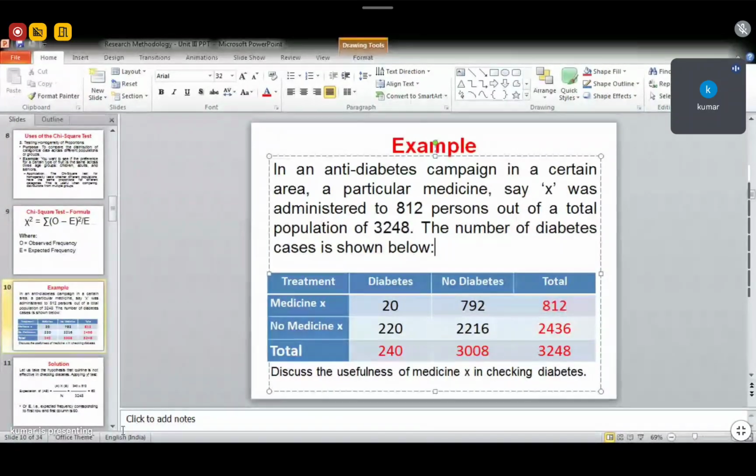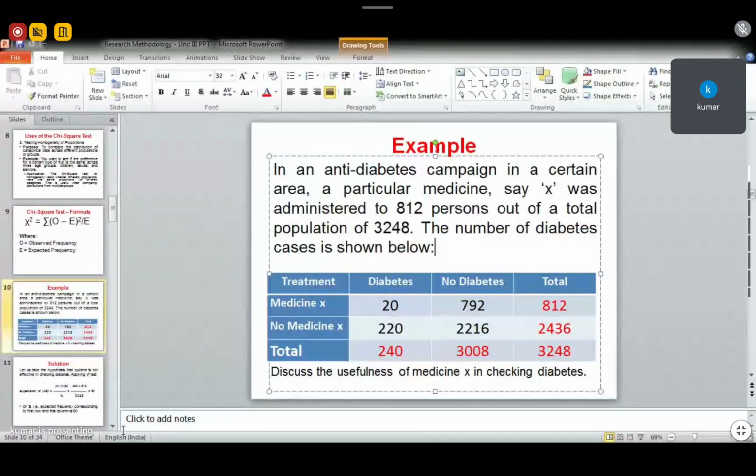Now, what happened when no medicine was administered on 2,436 people? What is actually expected? They should be affected by diabetes. No. What happened? Out of them, 2,216 were not affected by diabetes. Only 220 were affected by diabetes out of 2,436.